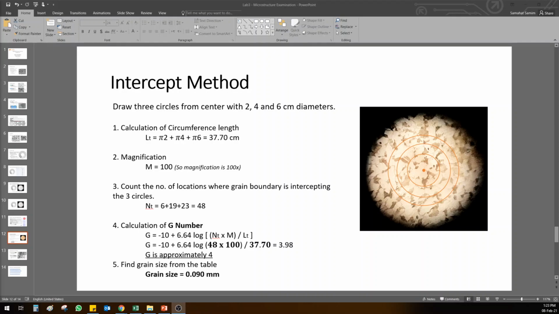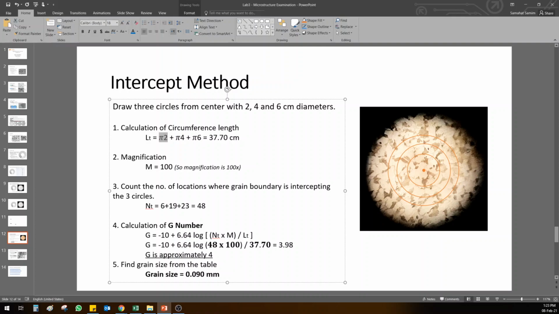Okay, let's see this microstructure given on the right side. I have already drawn 3 circles of 2 centimeter, which is this one, and then 4 centimeter and 6 centimeters on my micrograph or microstructure picture. So the first thing I will do is calculate the circumference length.